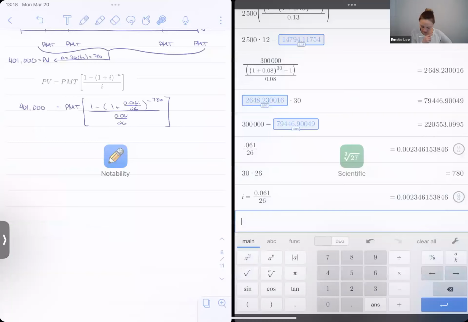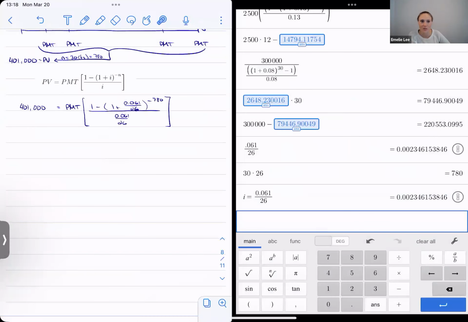Oh, I see that it's kind of hung up there, Notability. We'll see if it sorts itself out. Okay, but I see it's kind of lagging there. Not on my screen, but there. Oh, but I lost it.